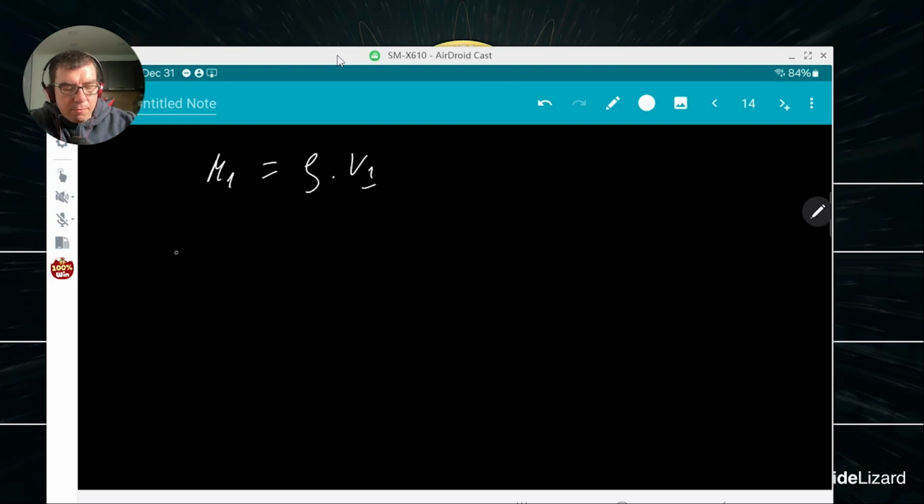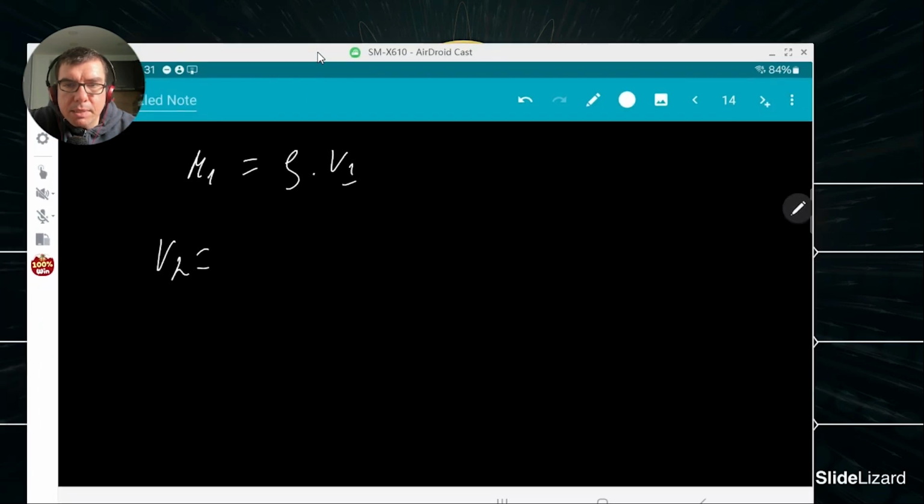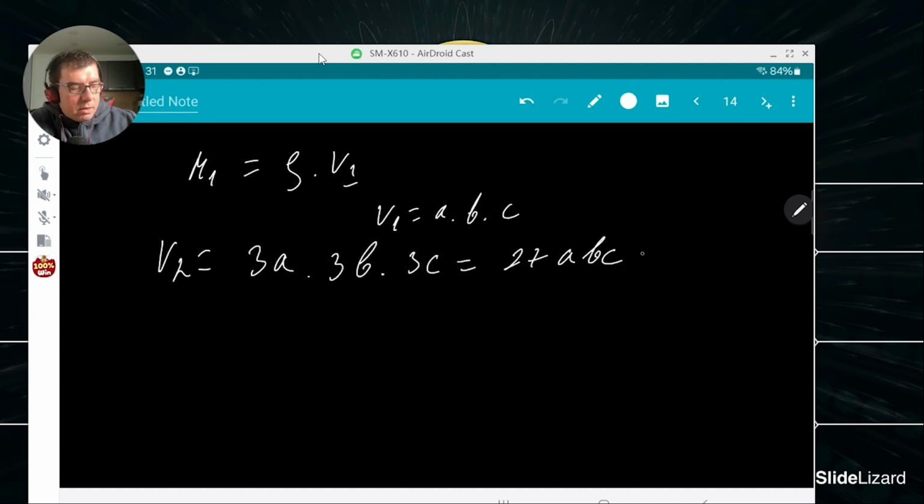And now for V2, because each of the dimensions is 3 times larger, if V1 is A times B times C, then V2 will be 3 times A times 3 times B times 3 times C, which will give us 27 ABC, which will give us 27 V1. So because each dimension is 3 times larger, the product of the 3 dimensions, i.e. the volume, will be 27 times larger than the other volume.